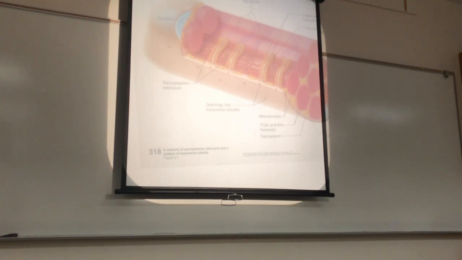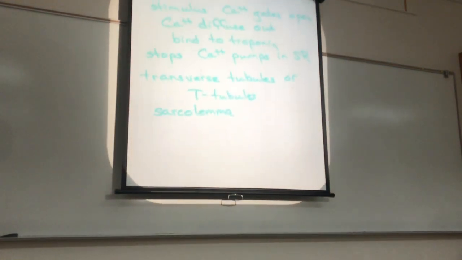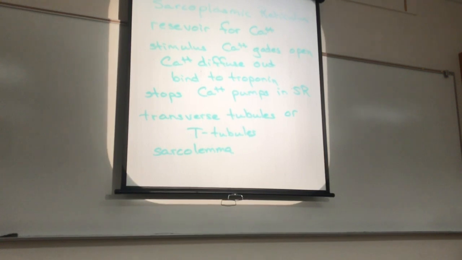Oh, yeah. So the action potential going through the T-tubule irritates the sarcoplasmic reticulum. The sarcoplasmic reticulum opens up its calcium gates. Calcium ions flood out into the sarcoplasm, bind to the troponin. The troponin flops over, drags the tropomyosin out of the groove, exposing the actin.